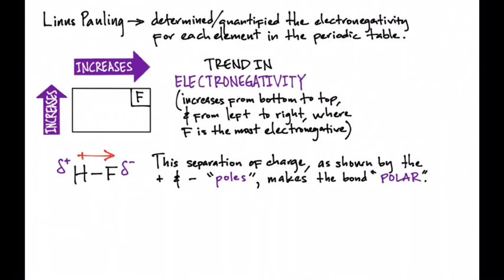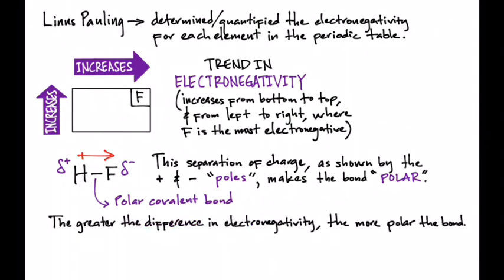But if the electronegativities of the two atoms are similar, like for example in a carbon to hydrogen bond, then that bond is considered nonpolar. So again, this bond between hydrogen and fluorine is known as a polar covalent bond. And the greater the difference in electronegativity between the two atoms, the more polar the bond.